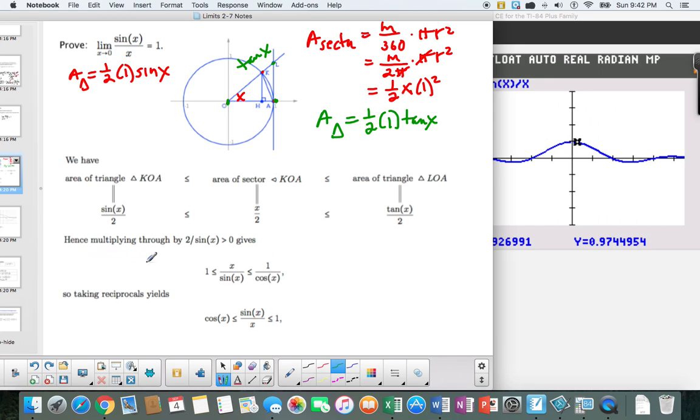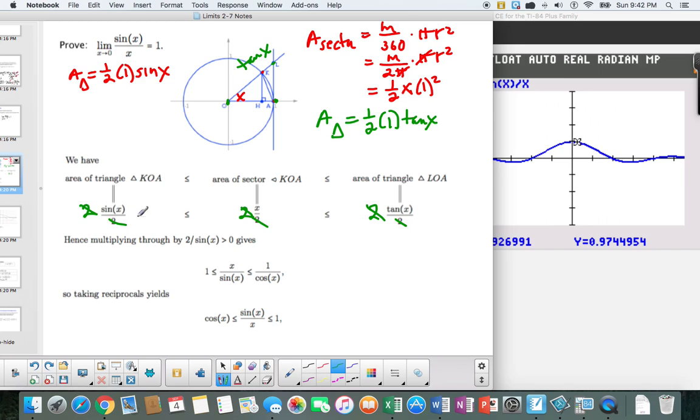So let's multiply through by 2. When we multiply through by 2 in this inequality, I'm going to get this expression right here. It says multiply by 2 and divide by sine of x. So as soon as we reduce these two 2's, we do the reciprocal, dividing by sine.